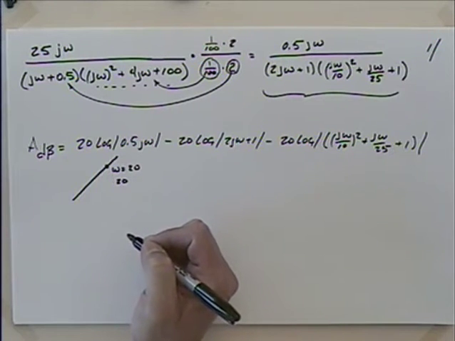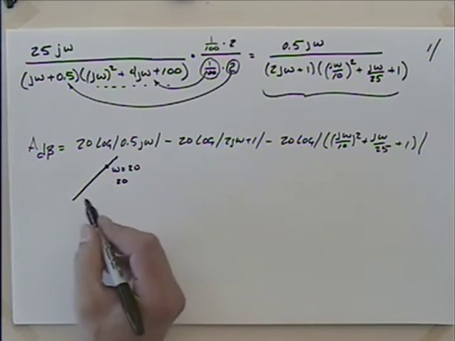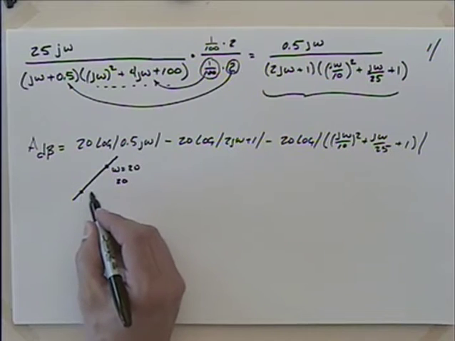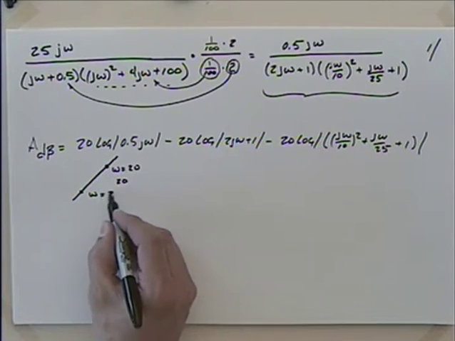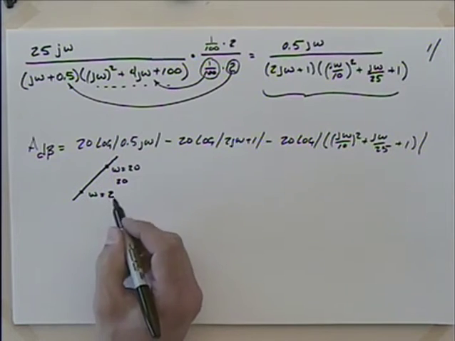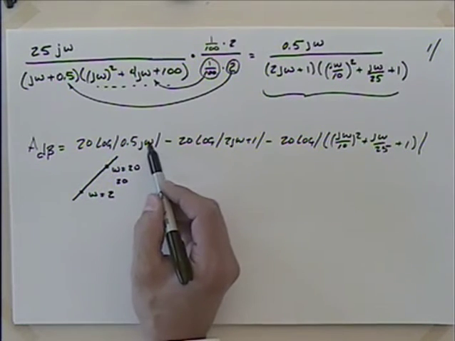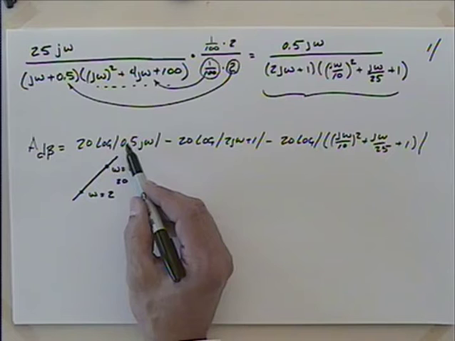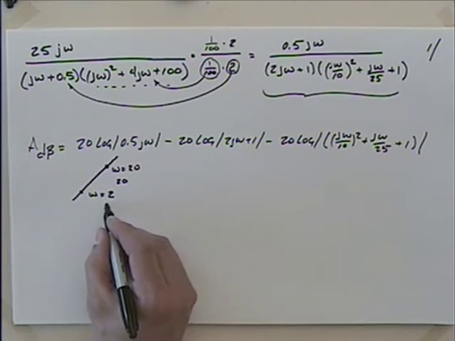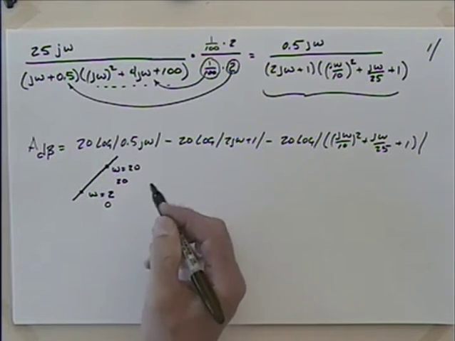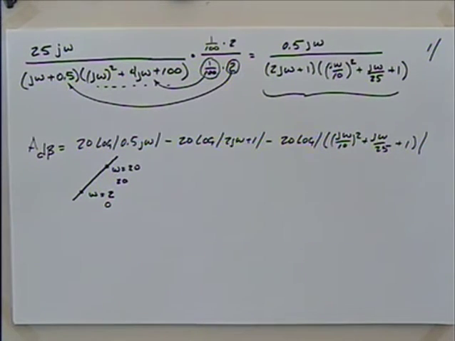So we're going to plot the point 20, 20. And what if omega was equal to, what was another one that I did, 2? So if omega is equal to 2, we put 2 in there, we get 1, we should have 0, shouldn't we? So I got a point that's 20, 20, and I got a point that is 2, 0.